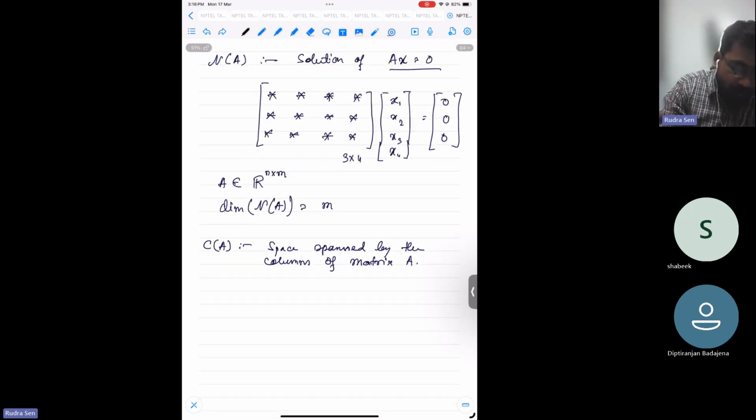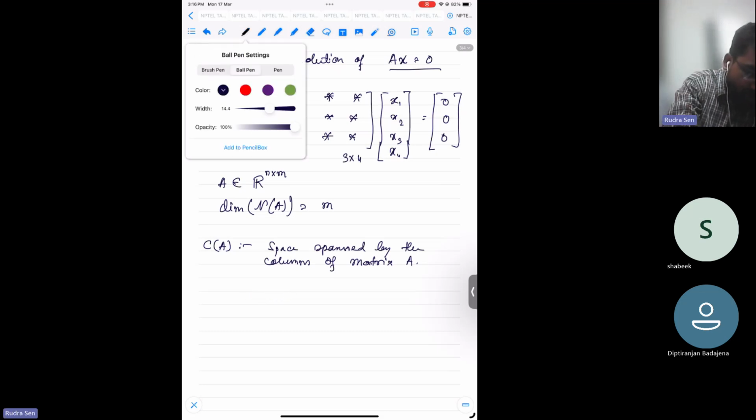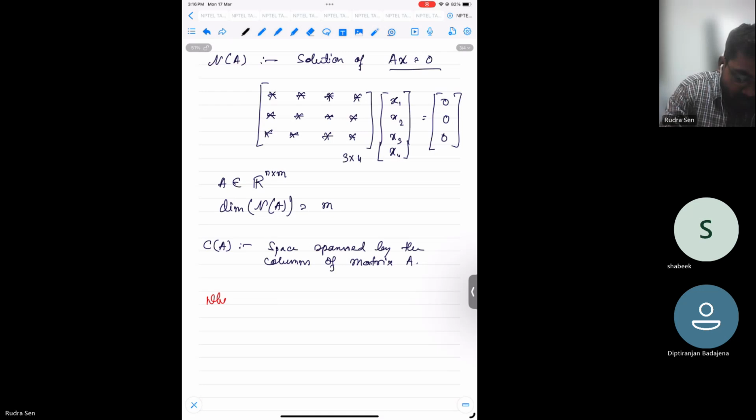So from here we get the question. The question is, when can we say that Ax equals b is solvable?